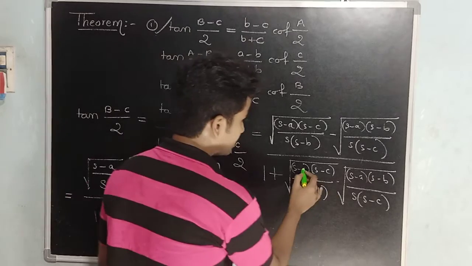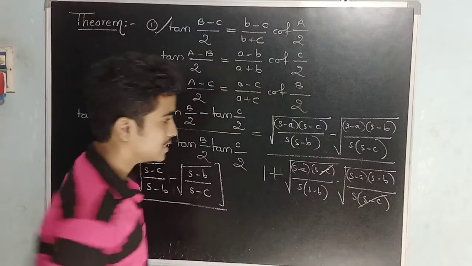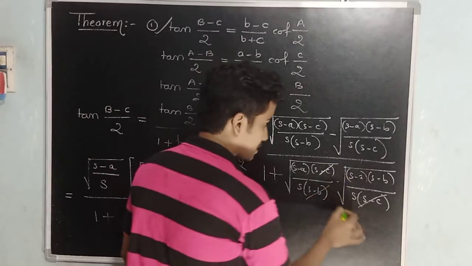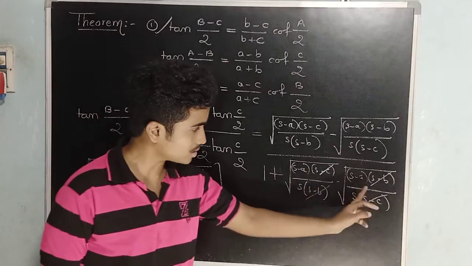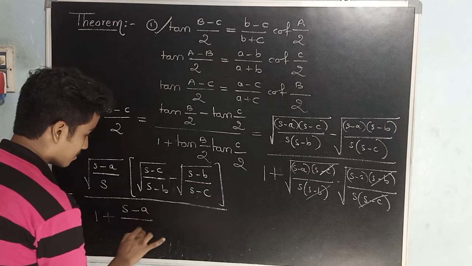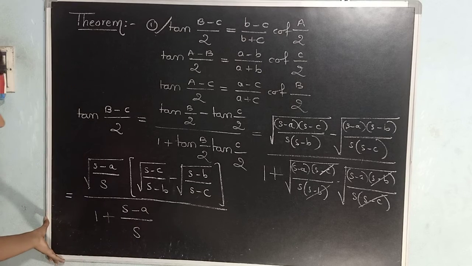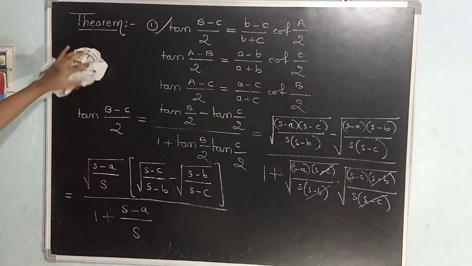So what here we are going to do? S minus c into s minus c, s minus c gets cancelled. S minus b gets cancelled. Root of (s minus a) by s into root of (s minus a) by s. What we are going to get? S minus a by s. Okay. Let me, for further simplification, erase this part.